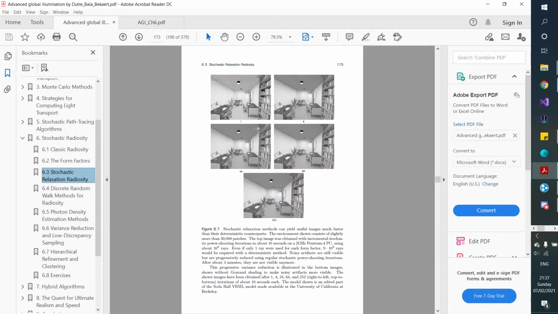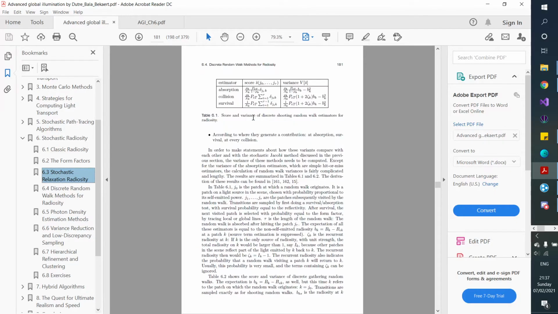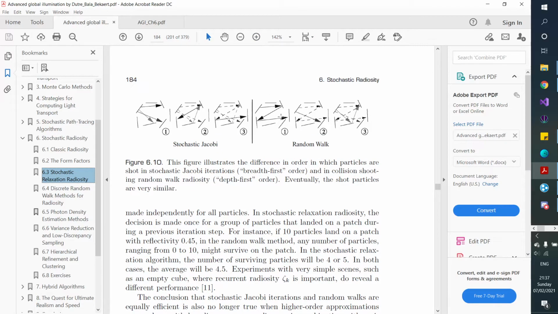Okay, so you mean that? Yes, that's where the authors talk about how you could estimate survival of a particle or absorption of a particle, and how you contribute.